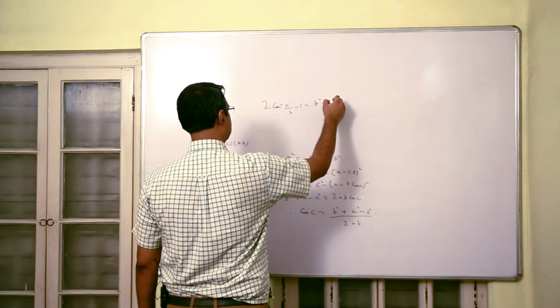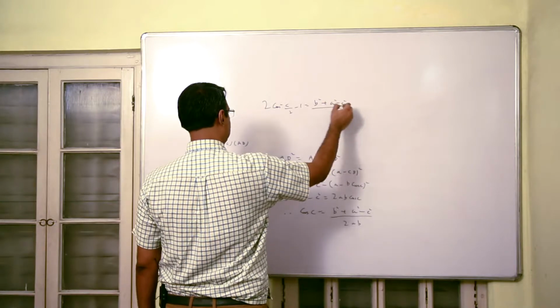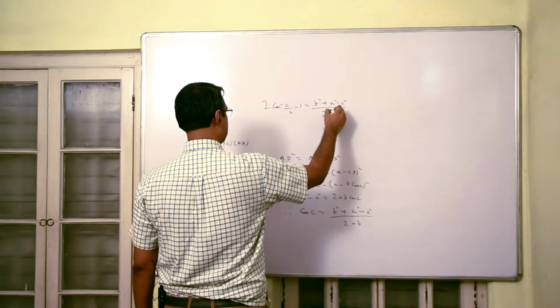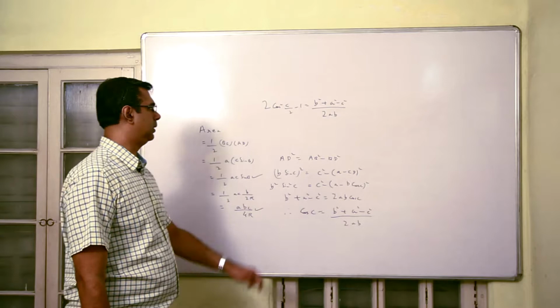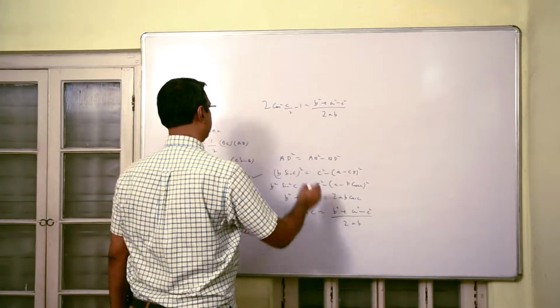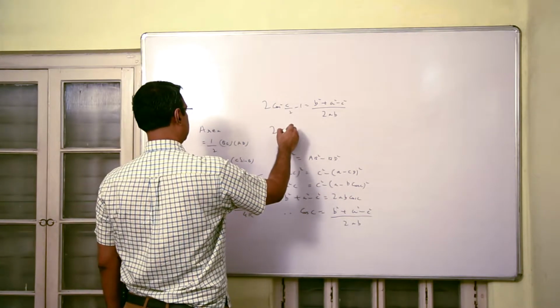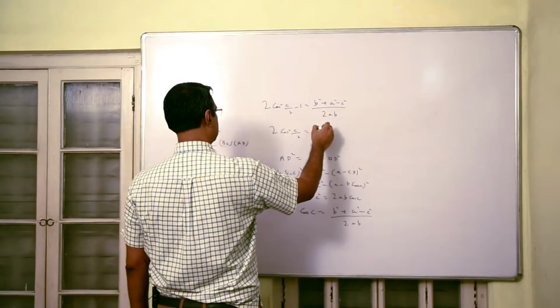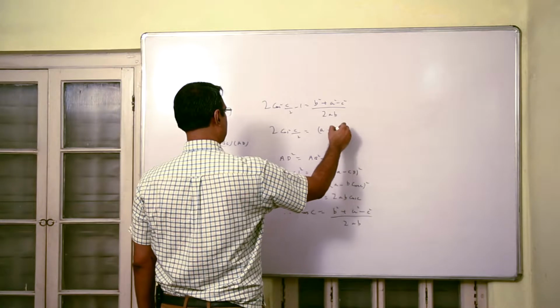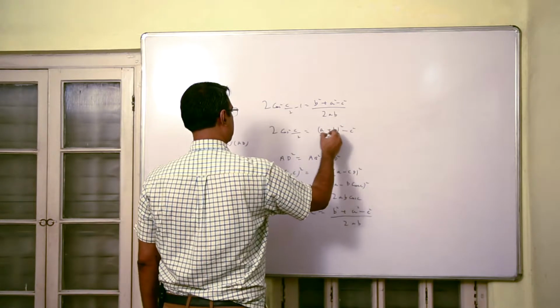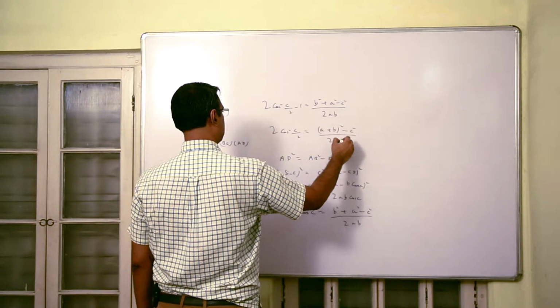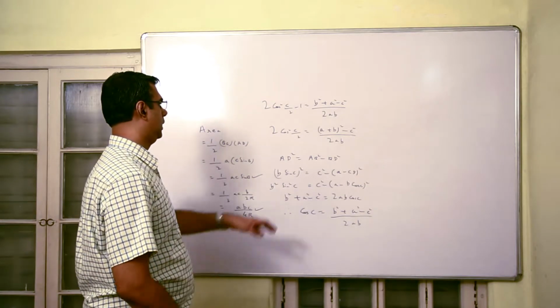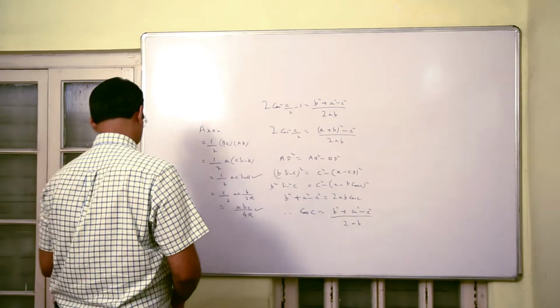Now let us equate this with b square plus a square minus c square by 2ab. So we will get 2 cos square C by 2 is equal to (a plus b) whole square minus c square by 2ab.